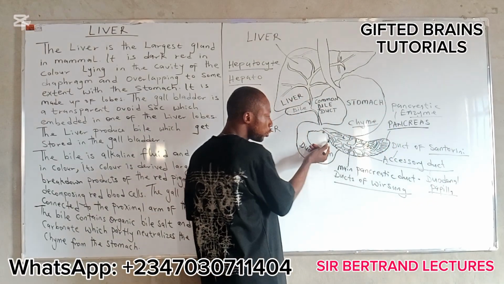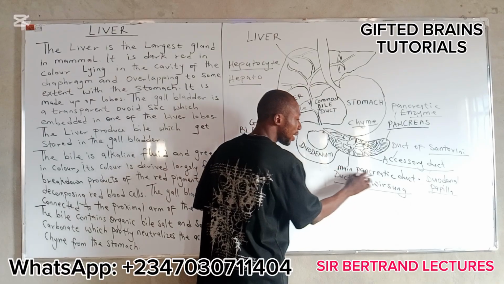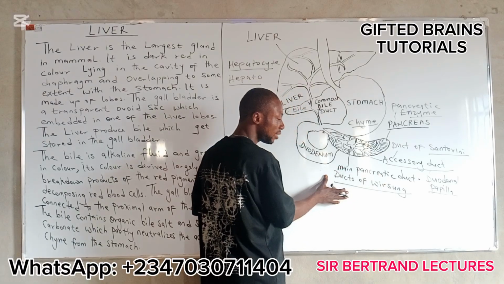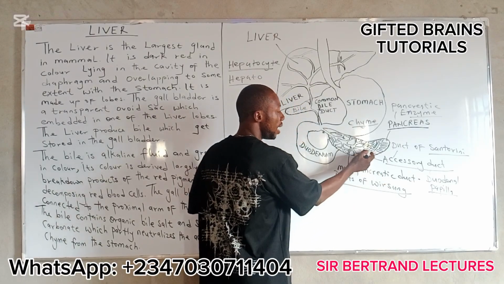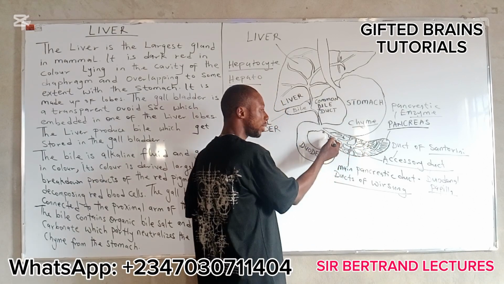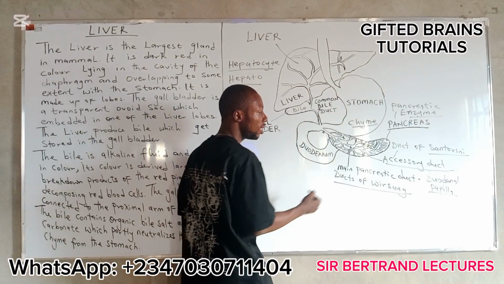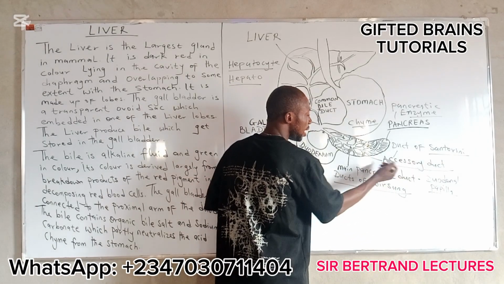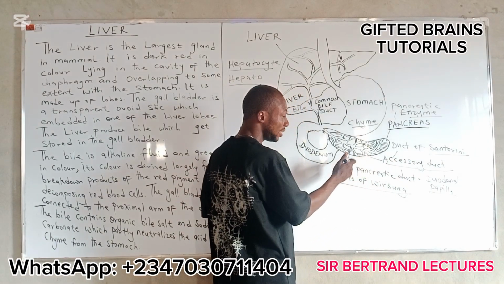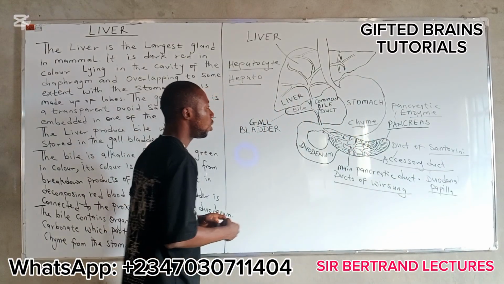All right? Not through the main pancreatic duct. The main pancreatic duct, which I refer to here as the duct of Wirsung, empties its secretion, the pancreatic enzymes, into the duodenum. Then the accessory duct here empties the pancreatic enzymes through the duodenal papilla.